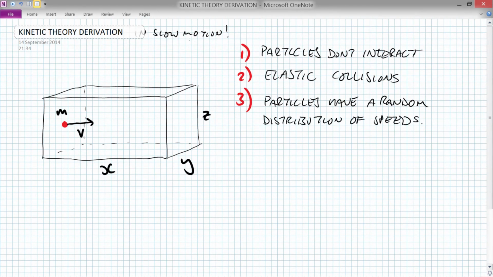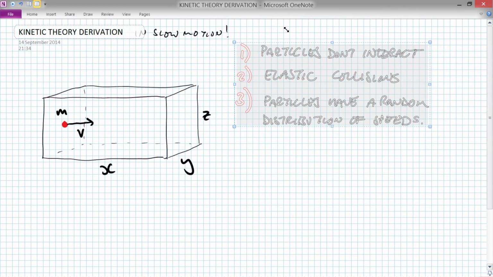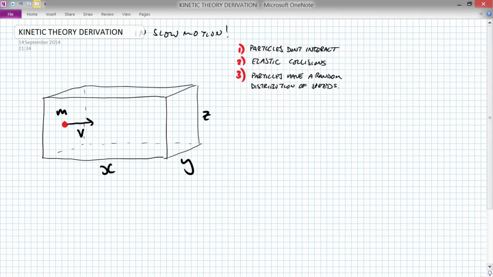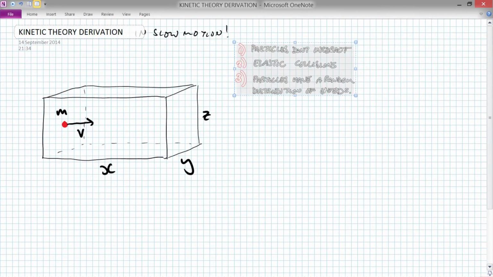Actually, in more detail, I'll talk about this a little bit later on, but basically we're saying that every particle in this gas isn't going to have the same speed, but some random distribution which will be governed by the Maxwell-Boltzmann curve, which we'll study a bit more next week. So there are our starting points.